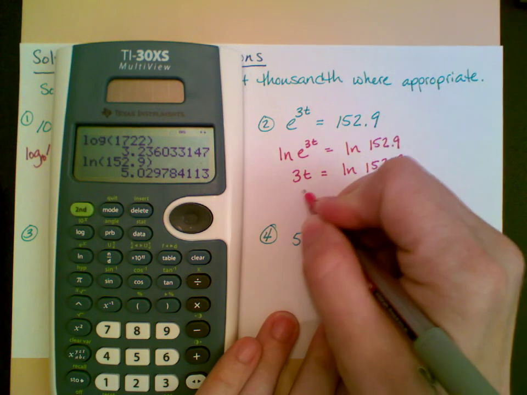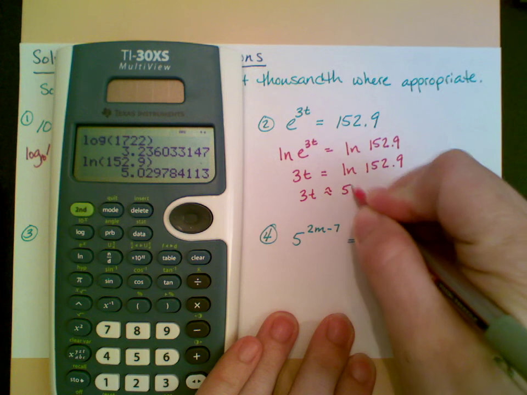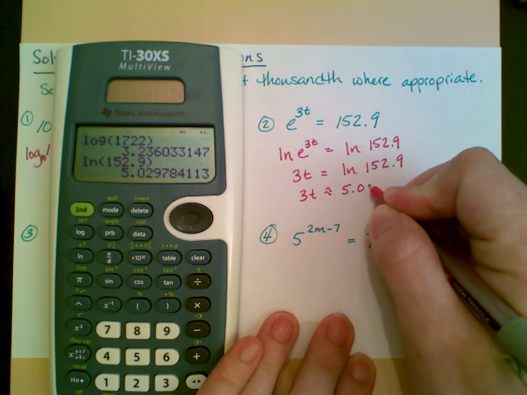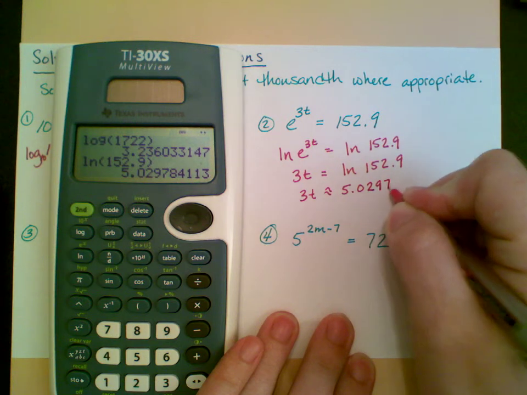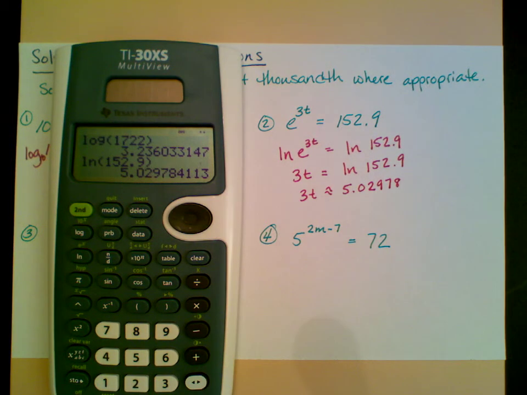Let's see, so 3t is approximately equal to, I'm actually going to write down more decimal places than were called for. I'm still going to round my answer to the correct value, to the thousandth, like I was asked for.